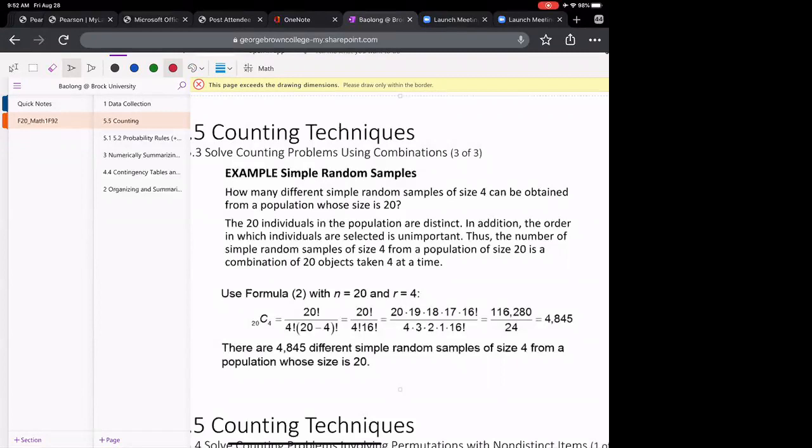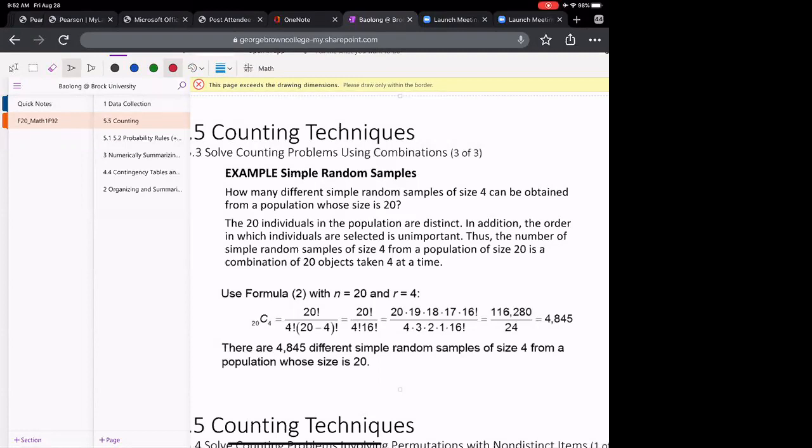Thus, the number of simple random samples of size 4 from a population of size 20 is a combination of 20 objects taken 4 at a time. So we use the combination formula. We want to take 4 from 20.